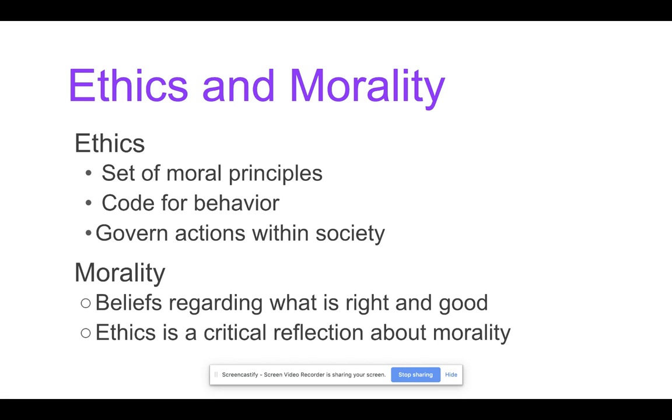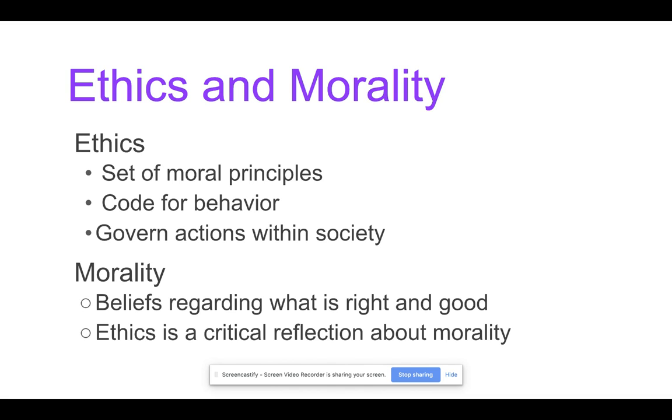This offers a code of ethics, and governs actions within society. When we talk about morality, this is what is internal to us. These are beliefs that we have about what is right or wrong.